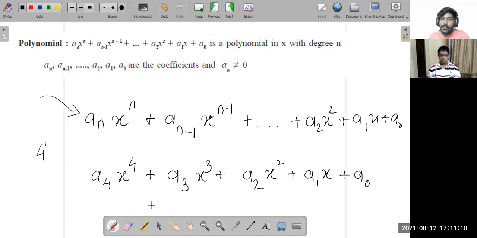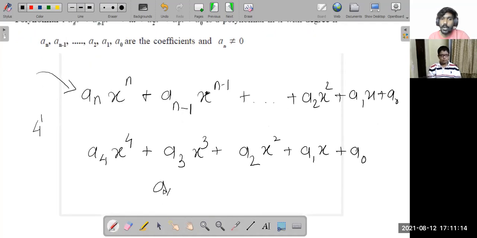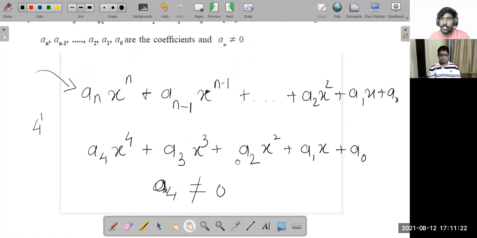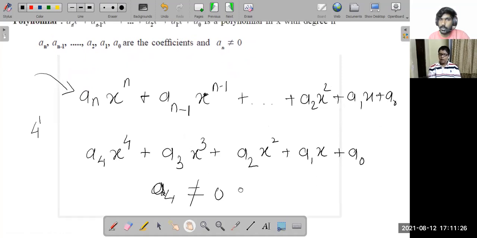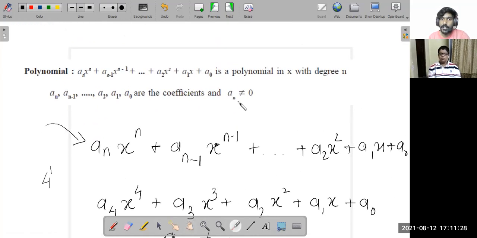So the coefficient of the highest power will always be not equal to 0. Always. You have to always keep this in mind. It will always be non-zero, it can be anything else except 0. Same thing in the general form: an, which is the highest power, x raised to n.